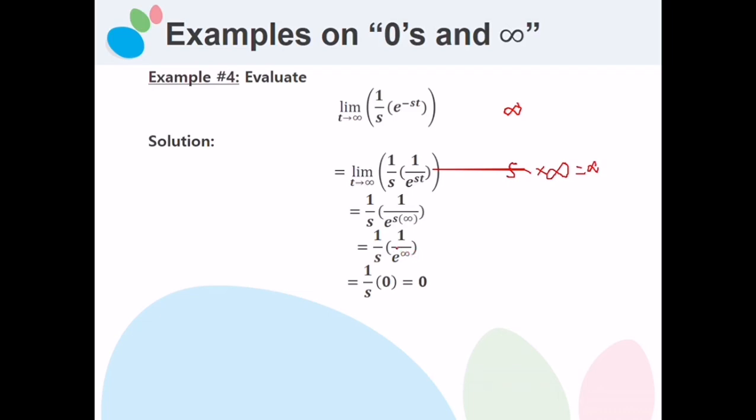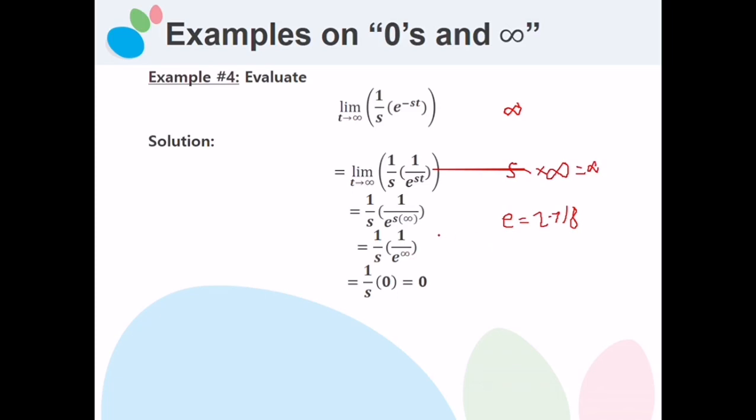At this point, we know that e is the Euler number, which is equal to 2.718. So 1 over e raised to a value is 1 divided by a big number.